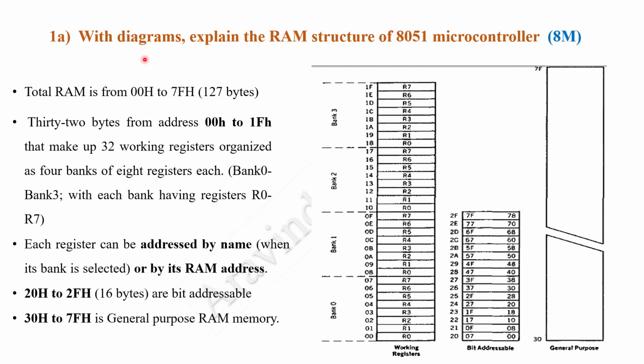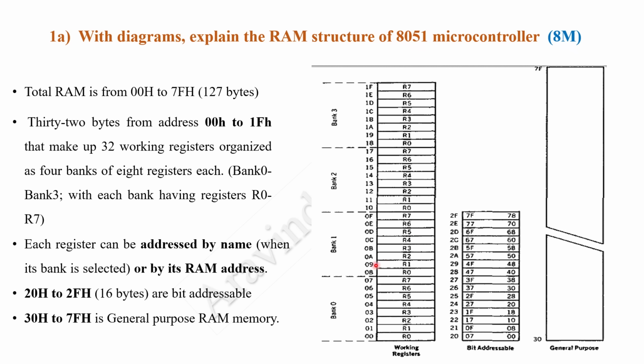The very first question: with diagrams, explain the RAM structure of the 8051 microcontroller. This is for 8 marks. In this you have to make a write-up of the RAM representation which starts from 00H and ends with 7FH. You have to draw the diagram in this pattern itself.